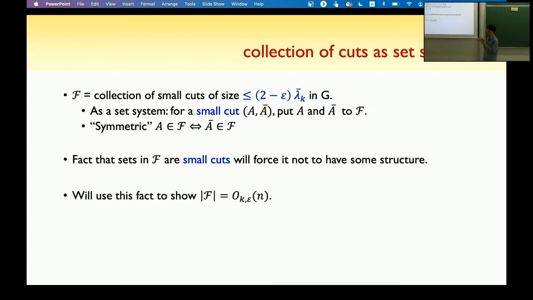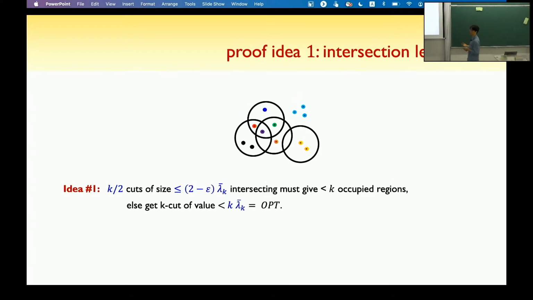We're going to see two forbidden substructures, and use them to show that the number of sets in F is bounded linearly. This is the structure of the proof.